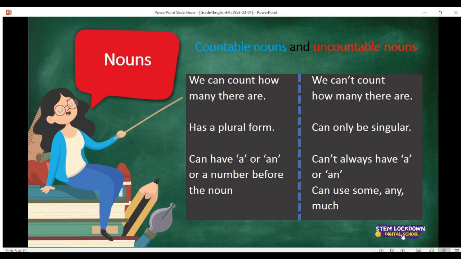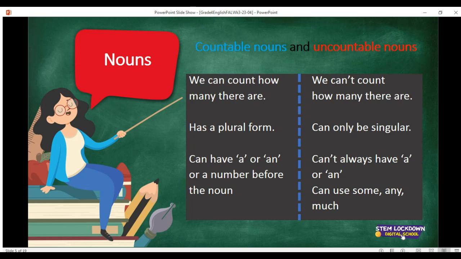So if we look at countable and uncountable nouns, I know you did that early last term. But countable nouns just means that we are able to count how many there are. And uncountable, by the name, says we can't count how many there are. So an example there is grass.